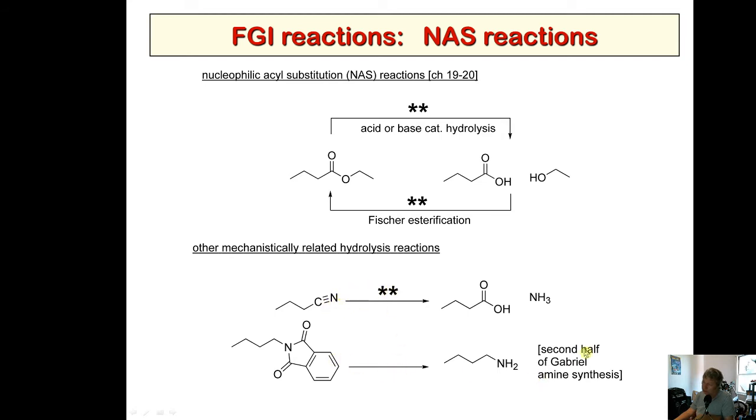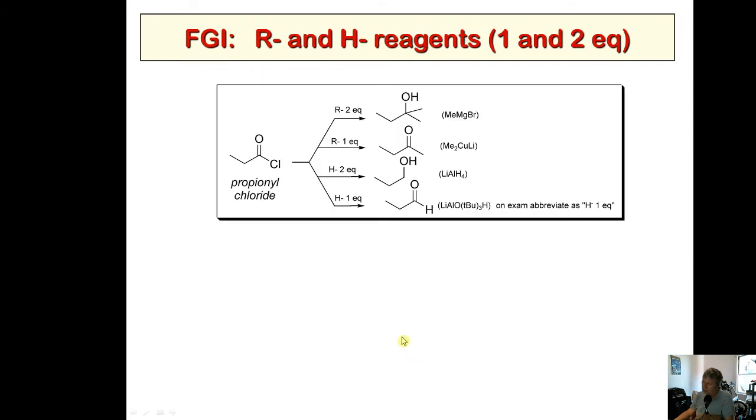This one, the second half of the Gabriel amine synthesis, is another one. You use water and maybe catalytic acid, and it's a long mechanism. Okay, so now we're kind of showing the R minus and H minus 1 and 2 equivalent versions of all these different reactions.